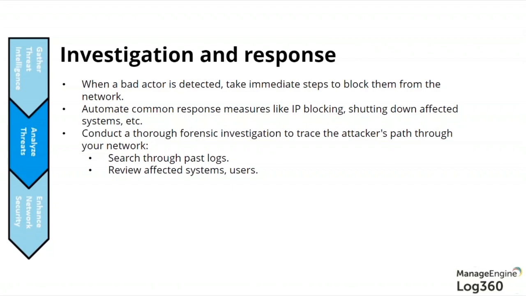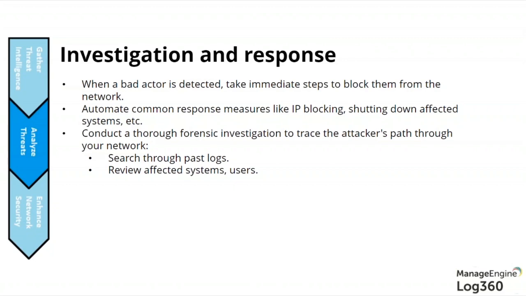So you can automate processes like this. And of course you need to conduct a thorough forensic investigation to trace that bad actor's, that attacker's path through your network. To do this, you can search through your past network logs. You need to go back through your log history and look at their various actions.